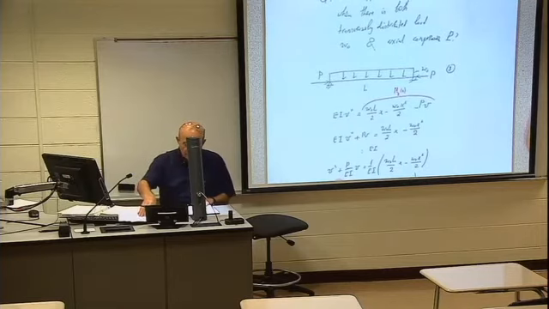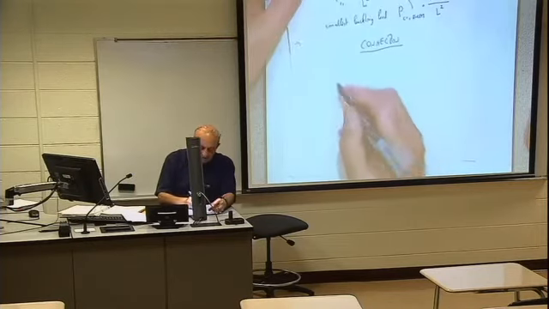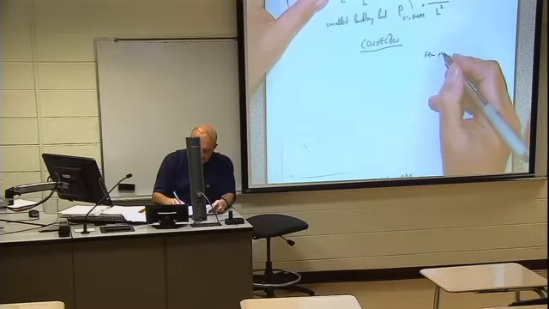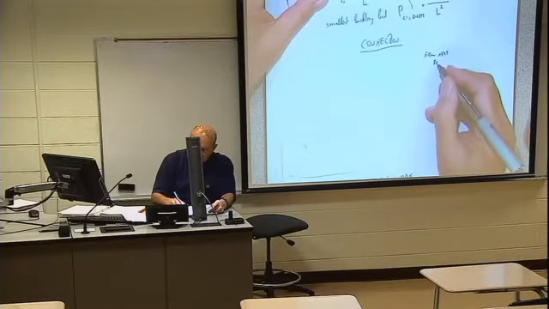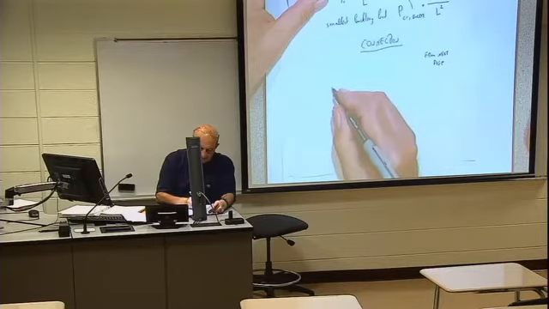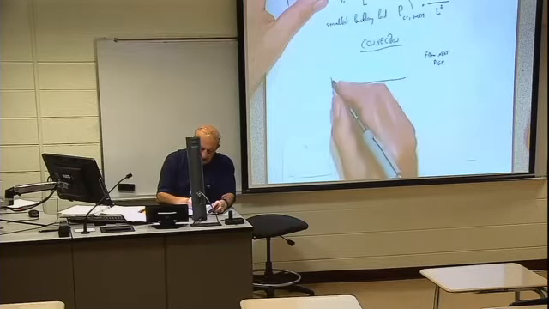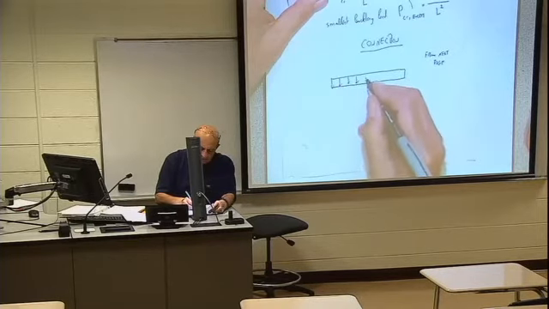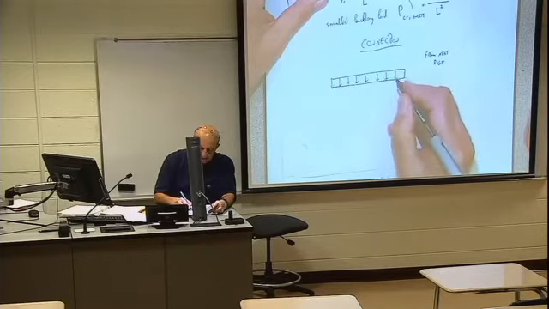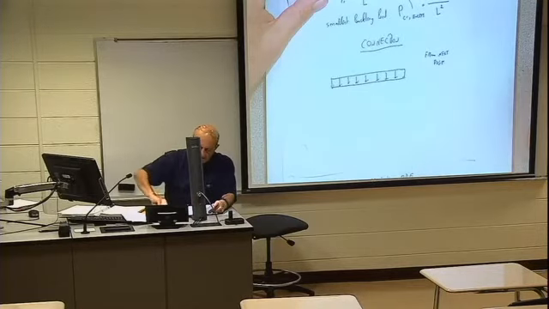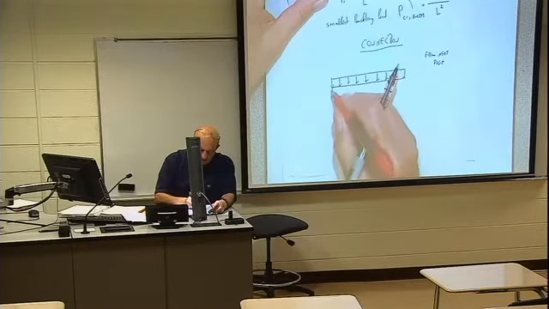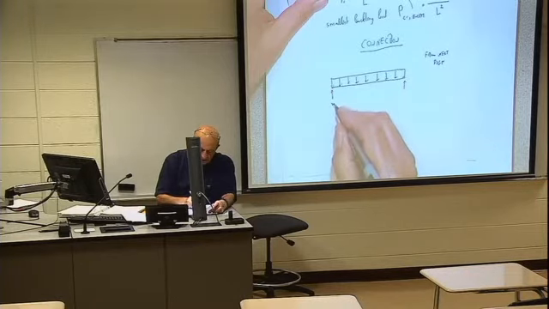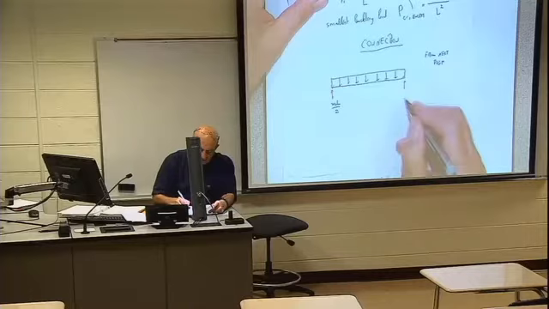Maybe I will write it down here from the next page. Again, I'm repeating, you of course know this by heart. So this is a reaction. That is a symmetric problem, so the entire load is W0 times L divided by 2.